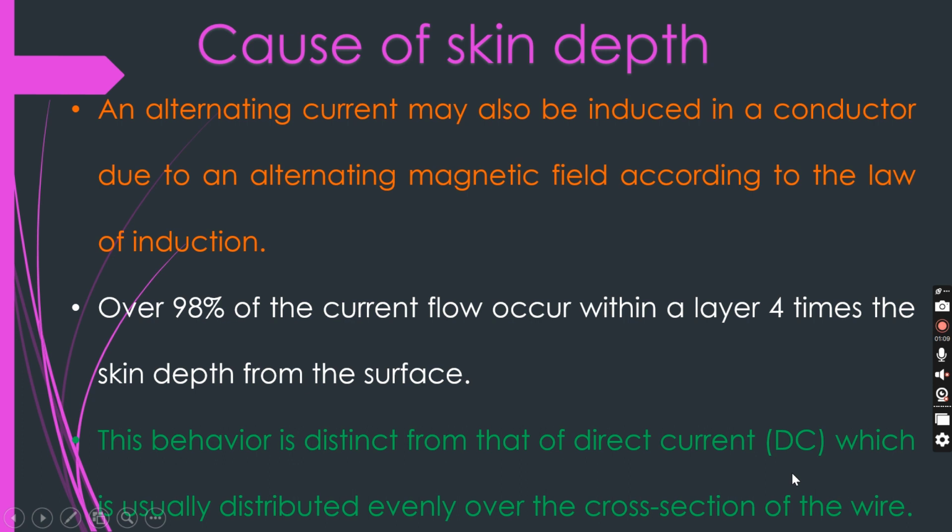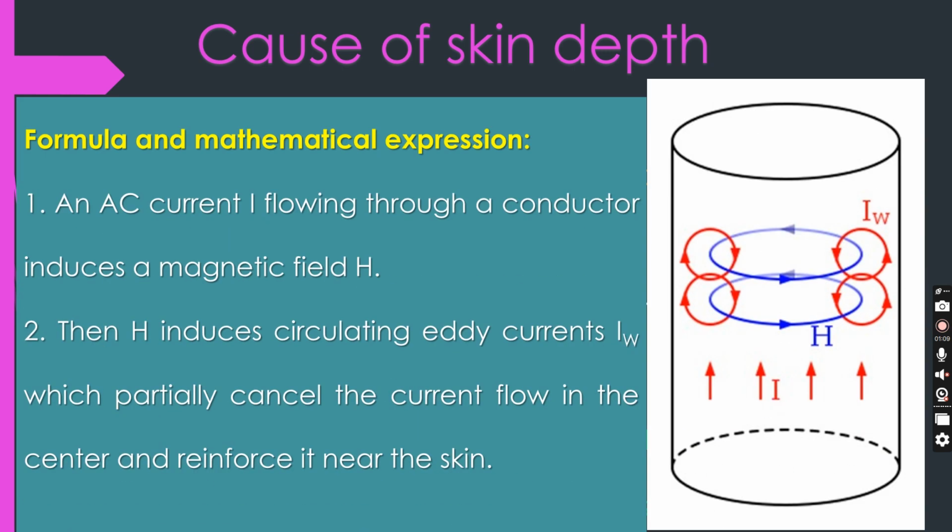Central part, skin, superficial portion, everywhere the same current will be observed in the case of direct current, unlike AC. In the case of AC, at the surface it is maximum, and with progress towards the center it reduces drastically, exponentially, and within 4 times skin depth, 98% of the current flows. Beyond 4 times skin depth, practically negligible current flows in the case of AC.